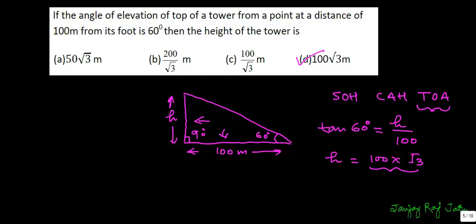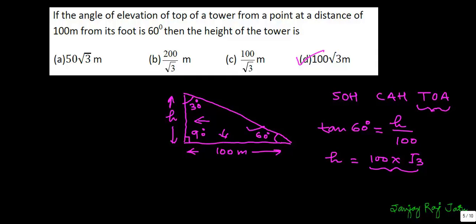So it is our answer. Now you see from our earlier method, this is again a 30, 60, 90 degree triangle, because if this angle is 60 degree, then the remaining angle will be 30 degree by using angle-sum property.